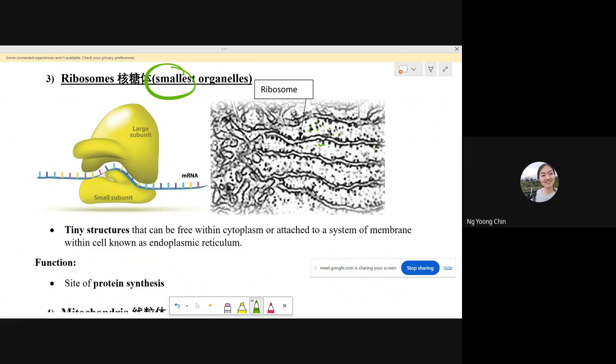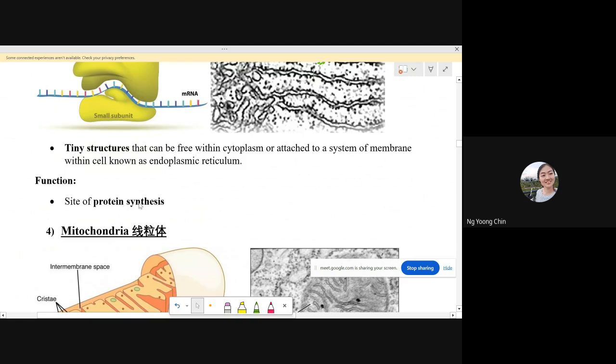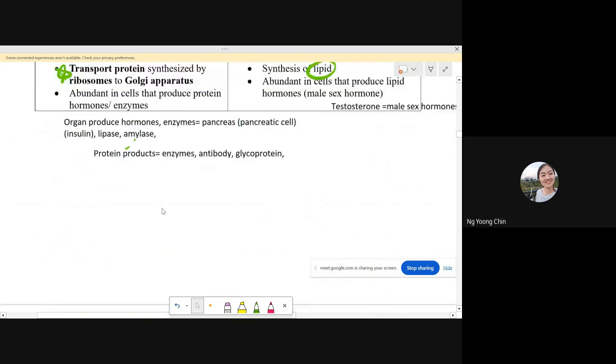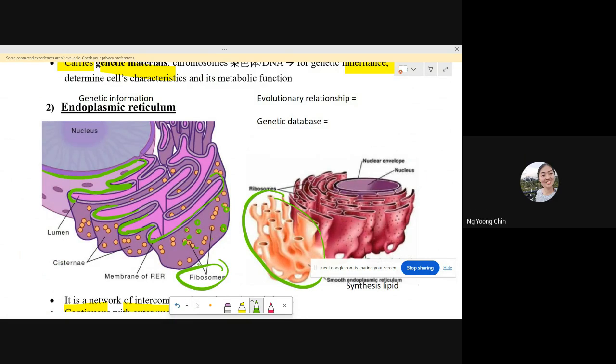So this is what we call ribosome. The ribosome function is protein synthesis. They will produce proteins. These ribosomes are attached to the surface of the endoplasmic reticulum, and then they become rough endoplasmic reticulum, right?